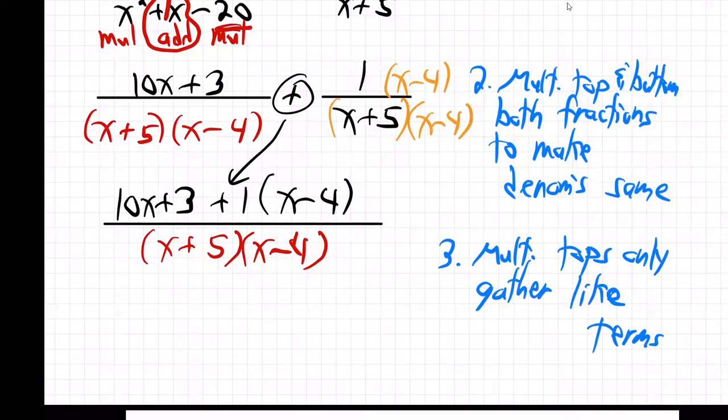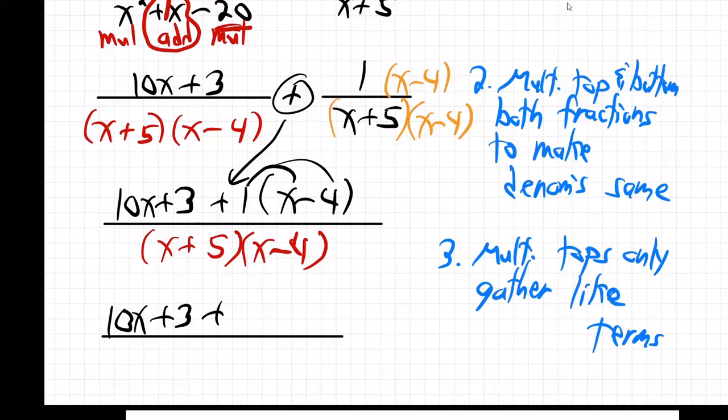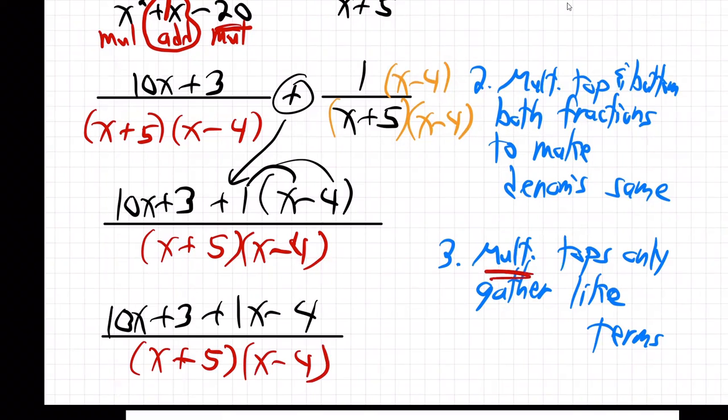So I'm going to do that. 10x plus 3. Here the 1 is going to distribute, plus 1 times x minus 4. Like that. So I multiplied the tops only.